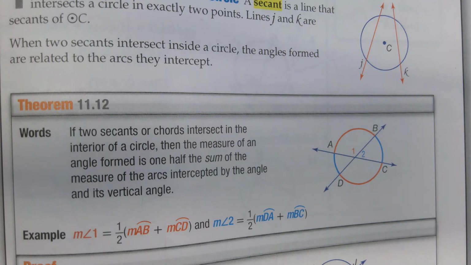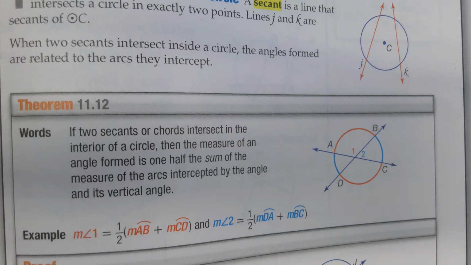So you can't say this. Remember, central angles are the same, right? If this angle is 60 and it was in the center, this would be 60. This intersection, this angle is not in the center, so it's not going to be 60. So what it says is that angle 1 equals 1/2 times the arc that the angle makes.